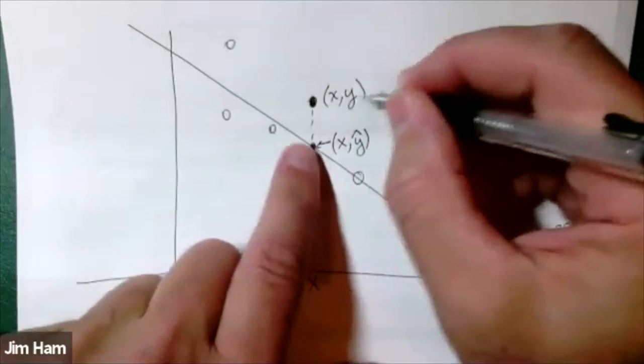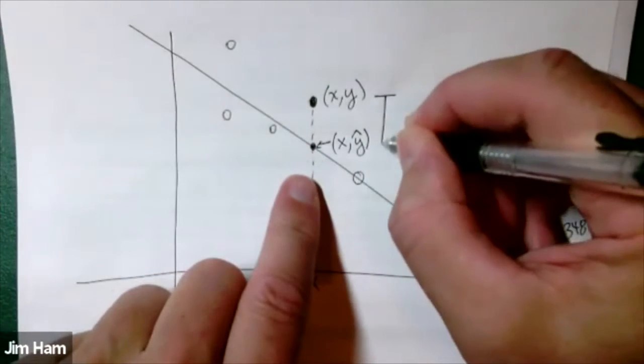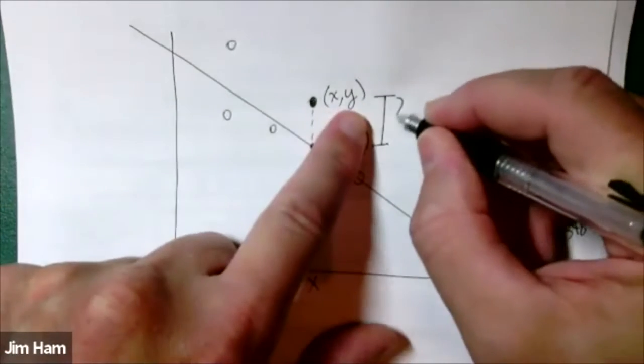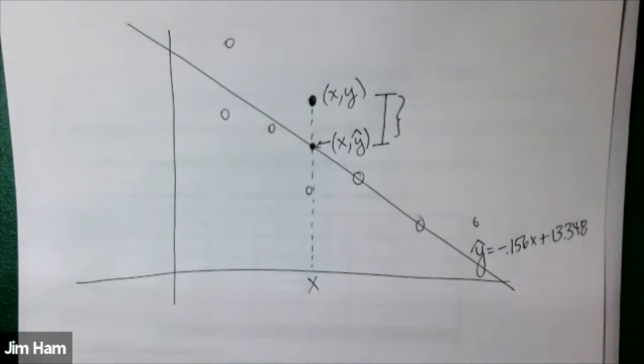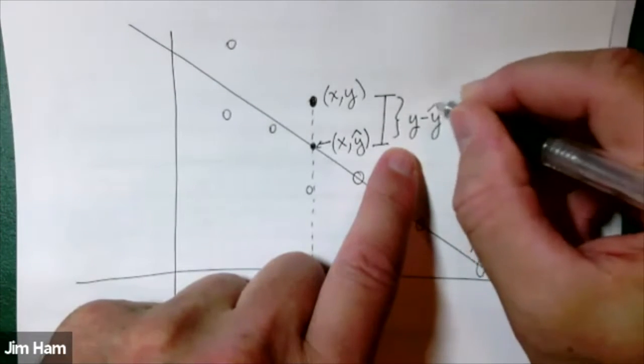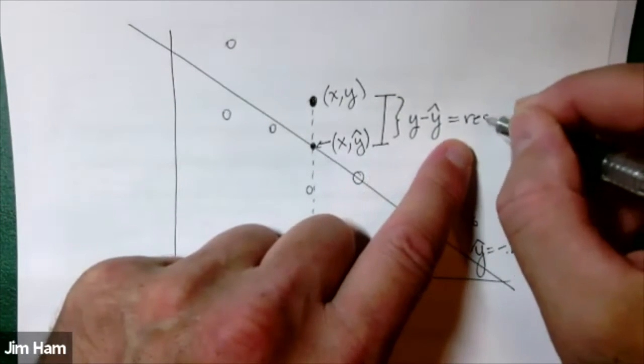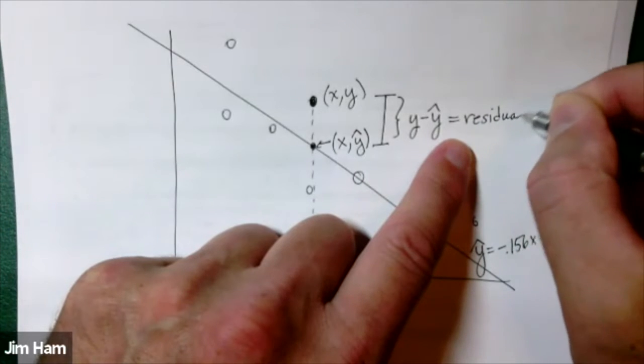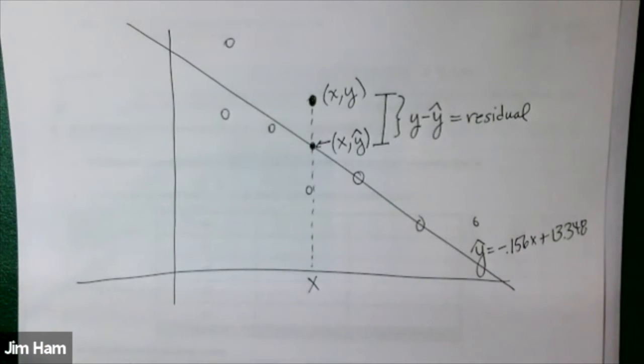Now, this distance from here to here, if you wanted to find that distance, what you could do is take the Y coordinate and subtract Y hat. And this is known as a residual. It's a little vertical distance from the actual data point down to the line or up to the line.